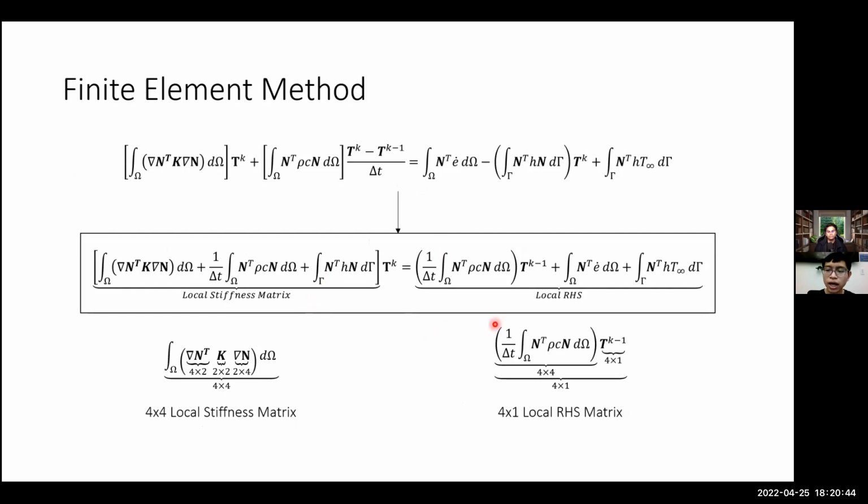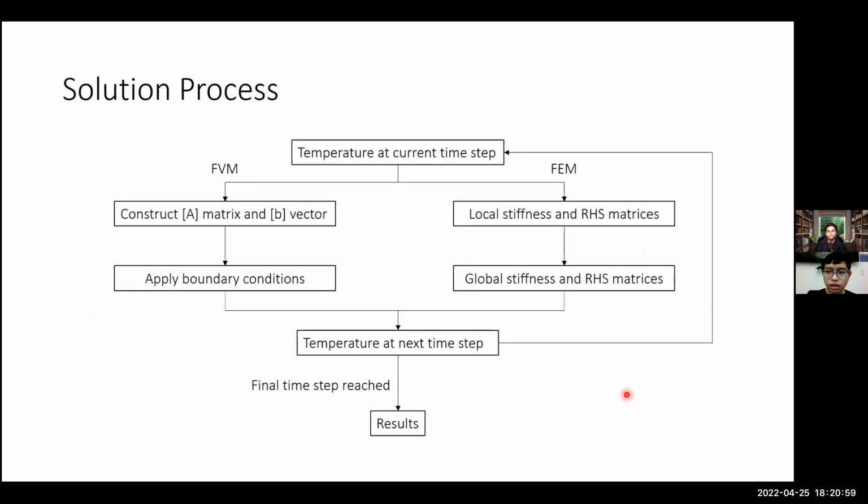For the quadrilateral element that we implemented, the local stiffness matrix can be seen right here as a 4x4 matrix, and the local right-hand side matrix will be a 4x1 vector. After that, those local matrices will be stamped onto the global matrices, and the solution can be solved.